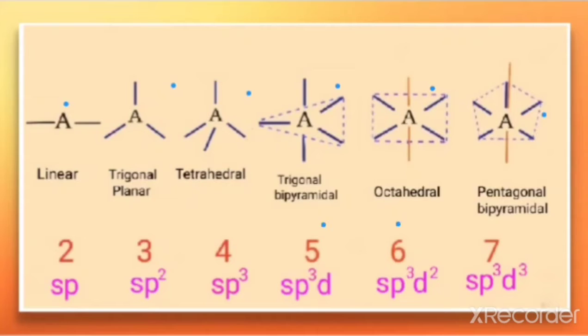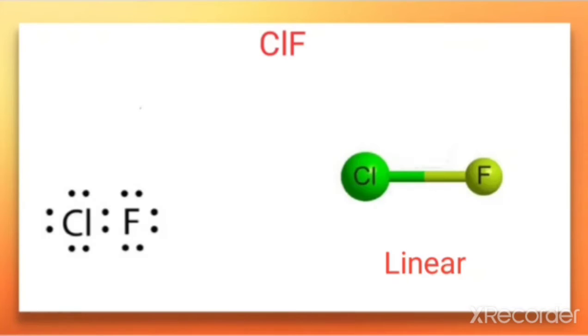These numbers you need to remember so that we can come up with the structures, and the hybridization also you need to learn in this order. So first of all, ClF, because its structure is linear, there is no need to discuss much more about this one.